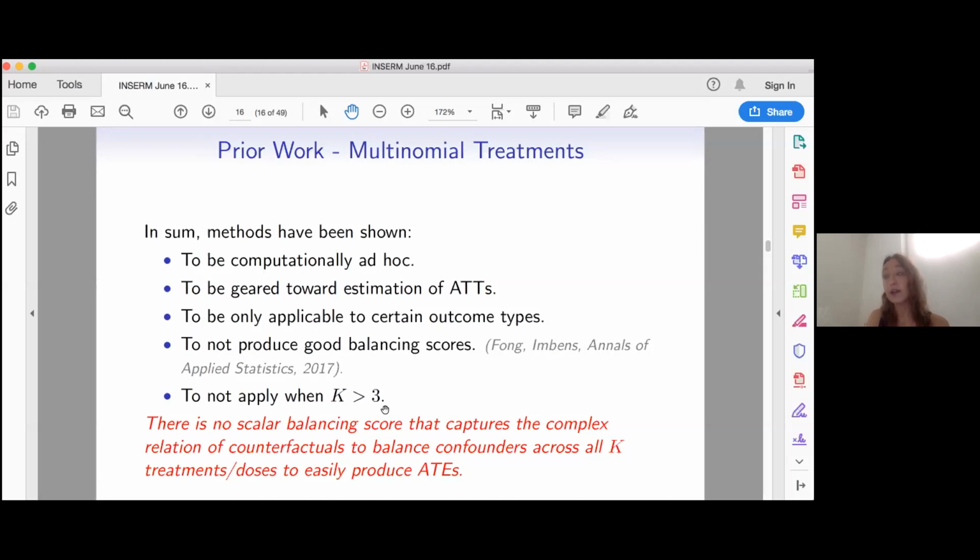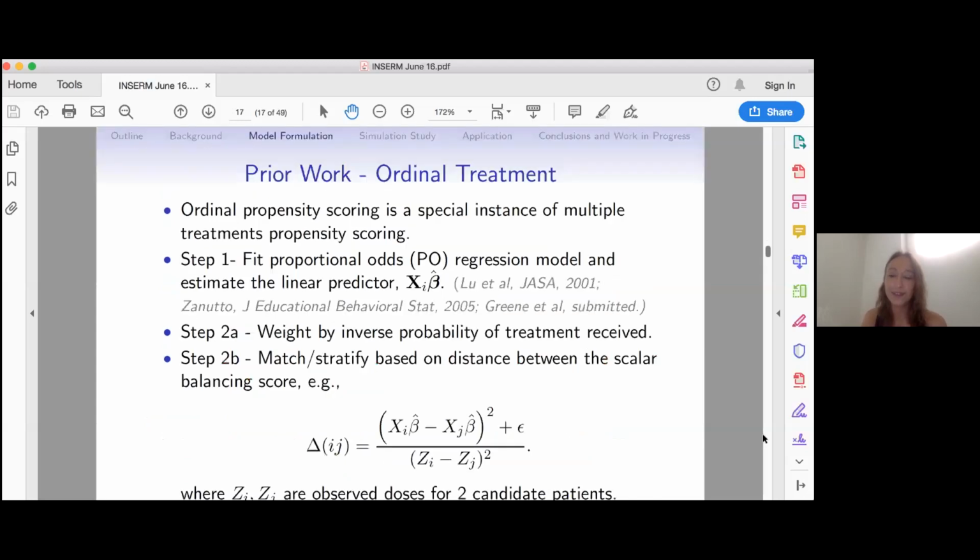And I'll add, they're not really readily adaptable to the ordinal treatment setting either. So in sum, there is no scalar balancing score that captures the complex relation of counterfactuals to balance confounders across all K treatments or doses to easily produce ATEs. So we set out to find a scalar balancing score in the multiple treatments setting.